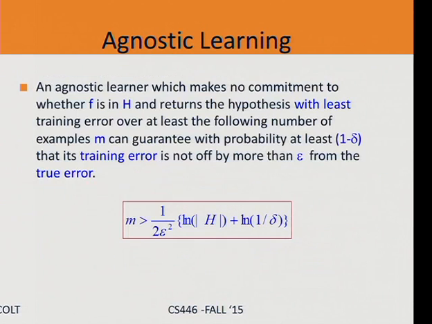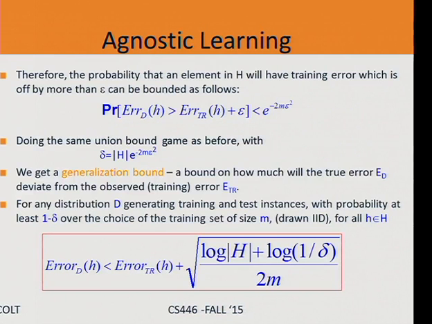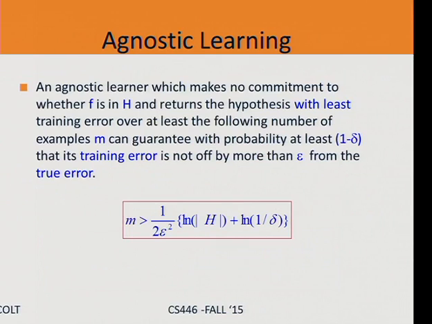And of course, I can write this also as the gap between the observed error and the true error. I can also take M and write it as a function of M, and basically I'm going to get that an agnostic learner, which makes no commitments to what the target function is, and returns the hypothesis with the least training error over at least this many examples, is guaranteed that with probability at least 1 minus delta, its training error is not going to be off by more than epsilon from the true error.